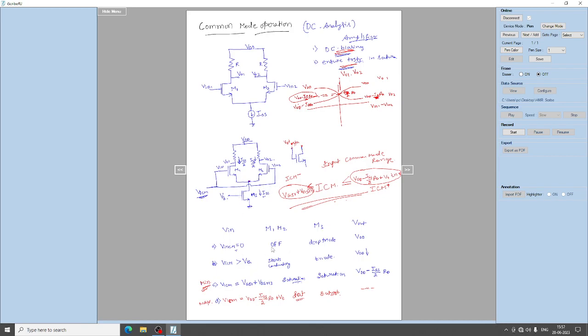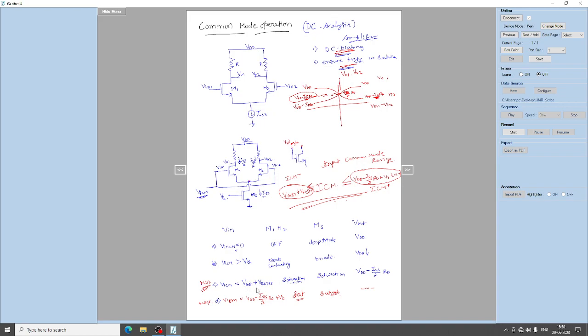From 0, M1 and M2 are off, and M3 is in the deep triode region, so the output is maximum. As you start increasing the DC input, M1 and M2 start conducting, M3 is still in the triode region, and the output voltage starts decreasing from VDD. The minimum input you can give is the one that ensures transistors M1 and M2 are in the saturation region.